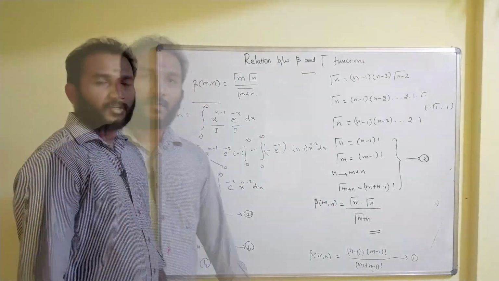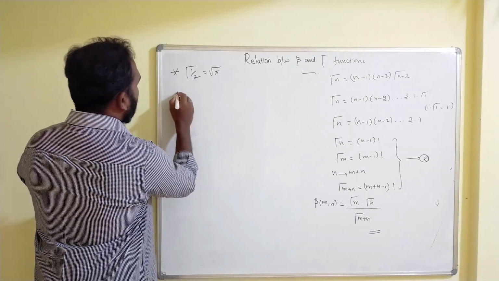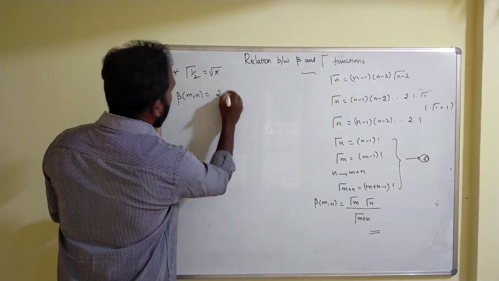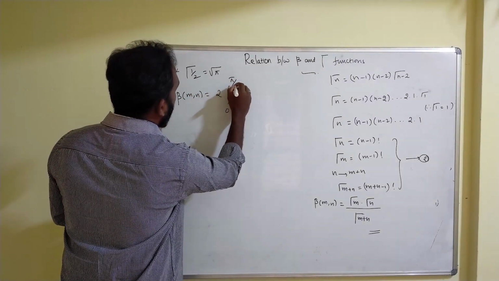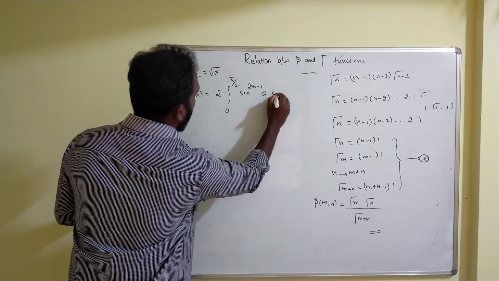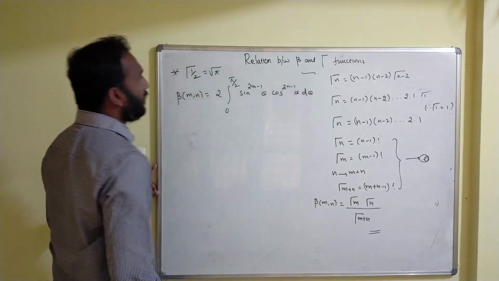That's it. Now using the relation between beta and gamma function in the polar coordinate. So that is beta of m comma n is equal to twice into integral 0 to pi by 2 sine power 2m minus 1 theta into cos power 2n minus 1 theta into d theta.